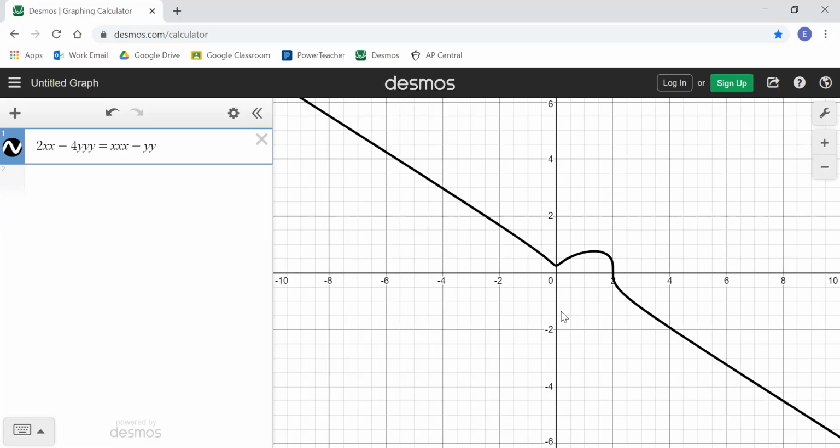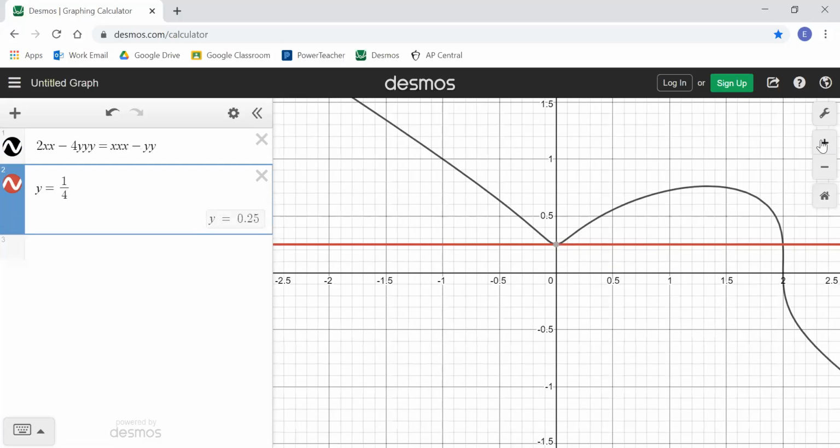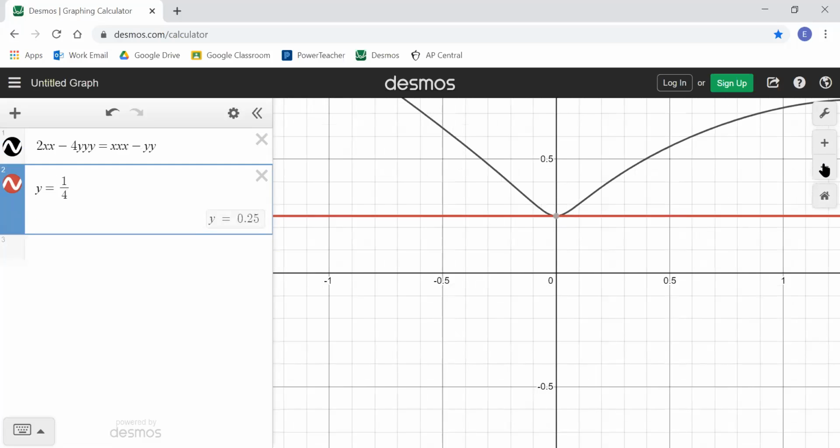All right, so here's our graph. And what were all of our different tangent lines that we had? We had two different ones for y. Y equals 1/4. All right, there's that one, right there at the little bottom right there.